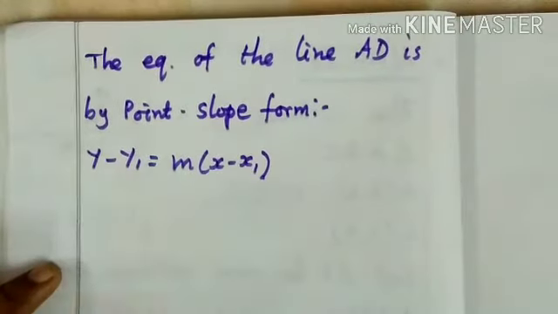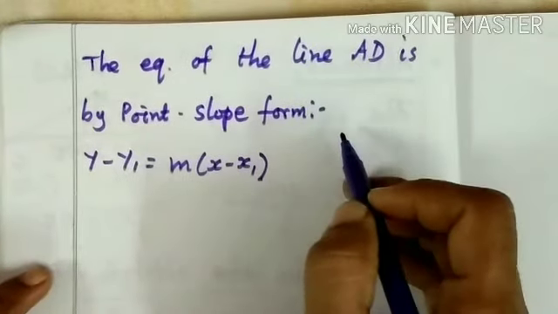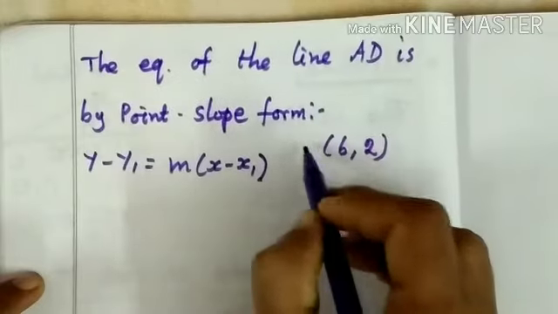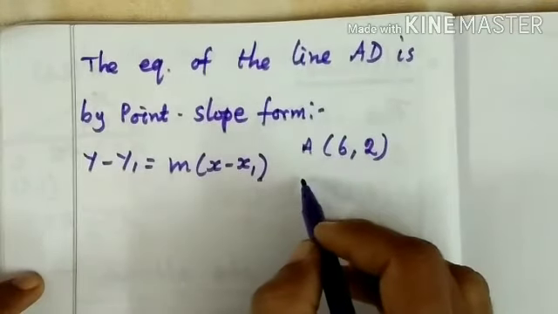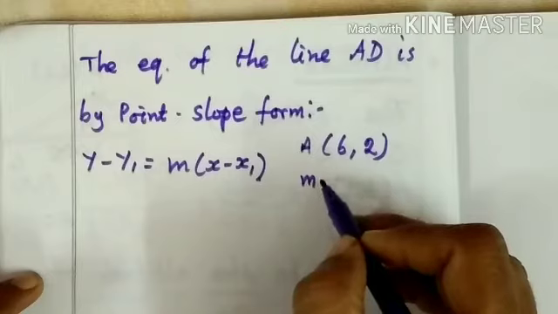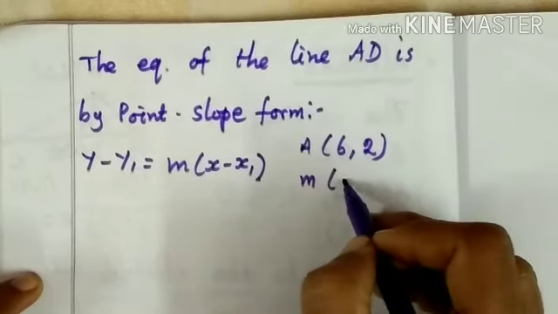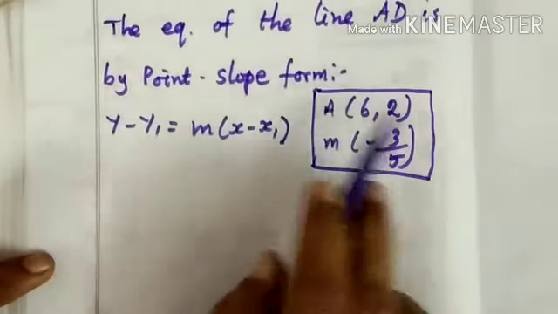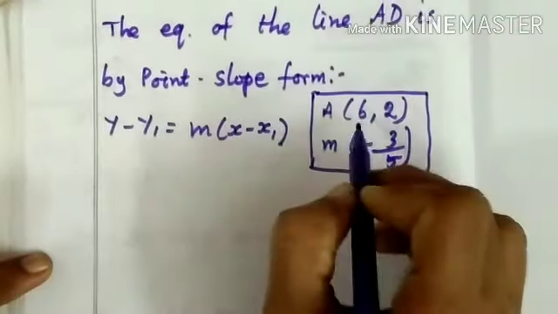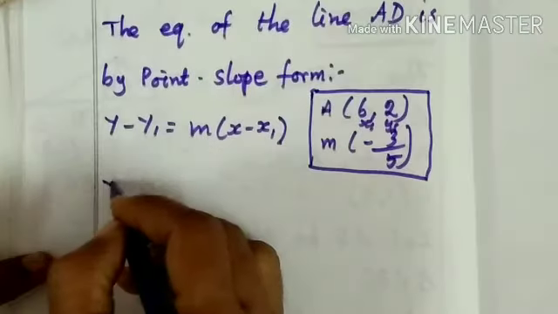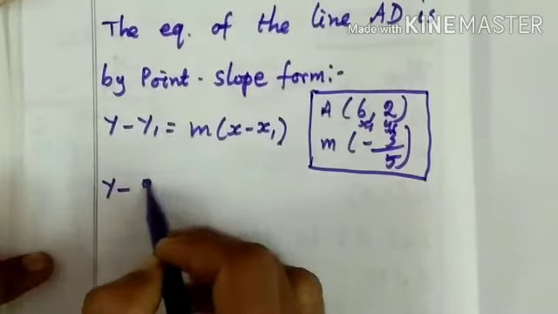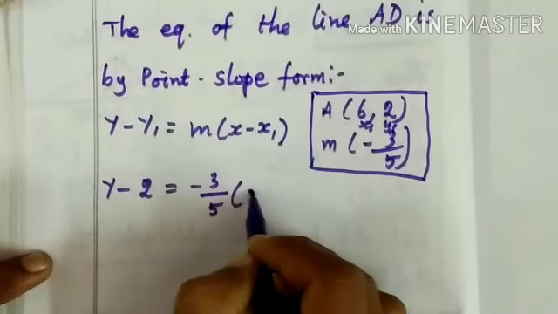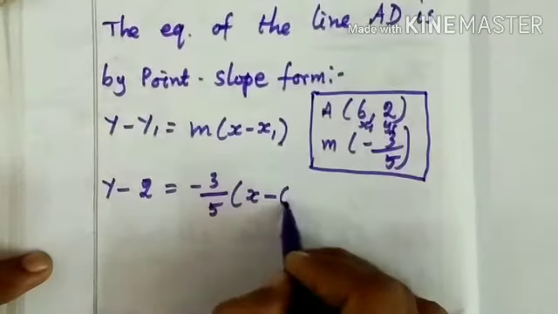Here the line passes through the point A(6, 2), and the slope m is minus 3 by 5. Now you have to apply this, and let us assume this x1, y1. y minus y1, 2, is equal to slope minus 3 by 5 into x minus x1, 6.